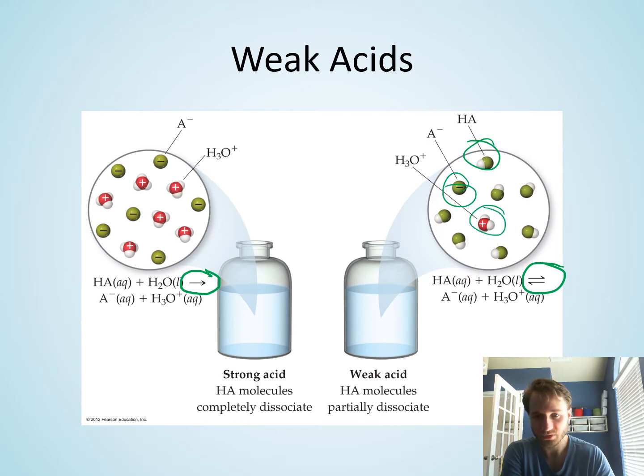So this reaction does occur, but it doesn't go to completion, and it establishes an equilibrium between the acid and its conjugate base. As a reminder, HA is our acid and A minus is our conjugate base.